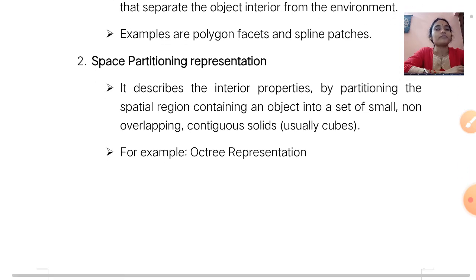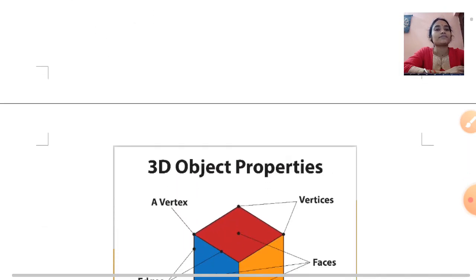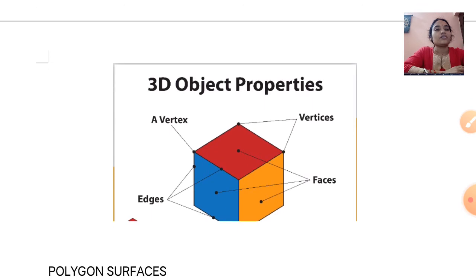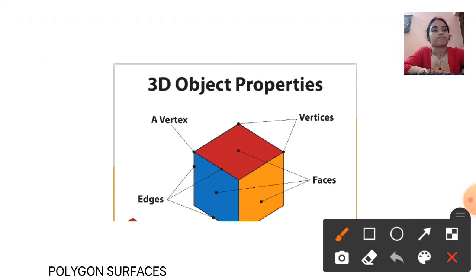Next we discuss this picture, which is a 3D object, and in the 3D object we can find three terms. One is vertex. These points are known as vertices.